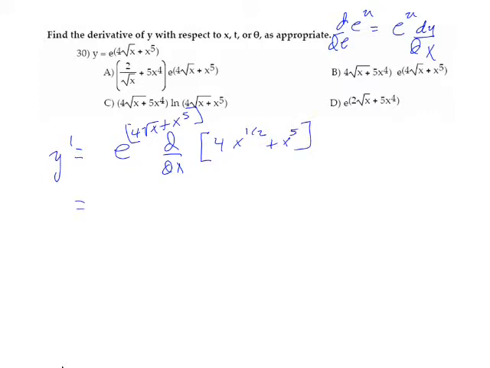and this is equal to e to the 4 square root of x plus x to the 5th times 1/2 times 4x to the minus 1/2 plus 5x to the 4th.